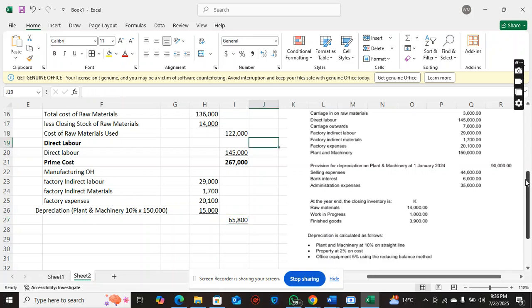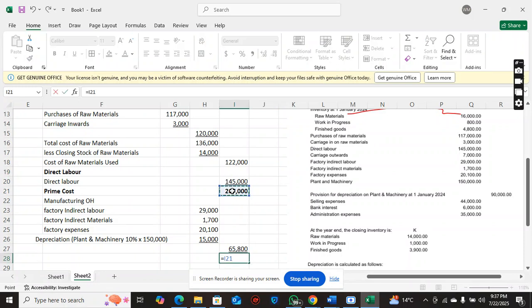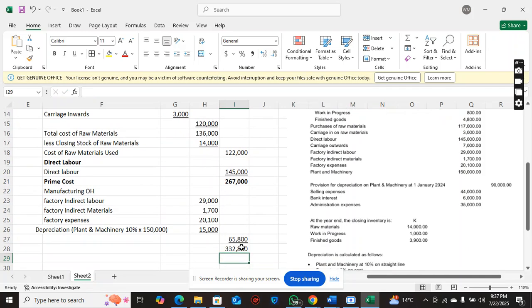So we total up raw materials consumed. We already got our prime cost here. So prime cost plus overheads, this prime cost plus this, we get the total manufacturing costs.